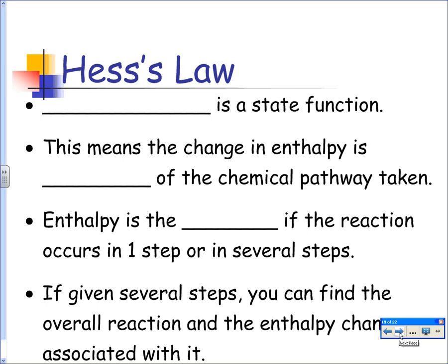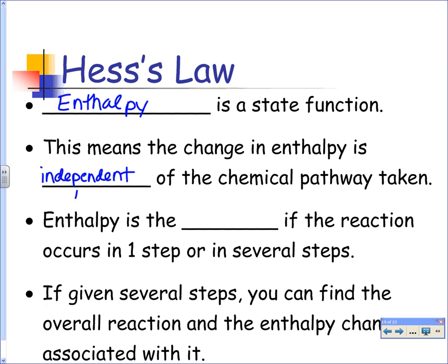So Hess's law is another way to calculate enthalpy. And remember, we talked about that enthalpy is a state function. That means the change in enthalpy is independent of the chemical pathway taken.